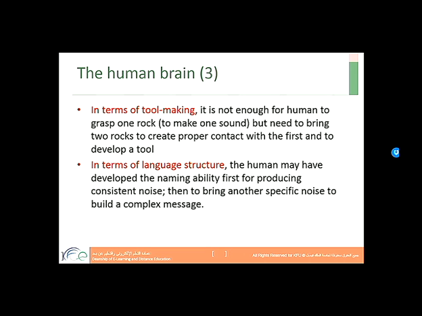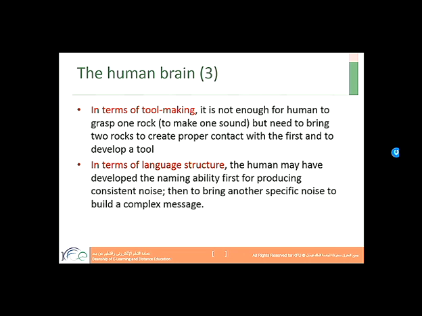In terms of tool making, it's not enough for a human to grasp one rock to make one sound, but they need to bring two rocks to create proper contact with the first and to develop a tool. So here we have a connection between different things, which must be attached together in order to make something.